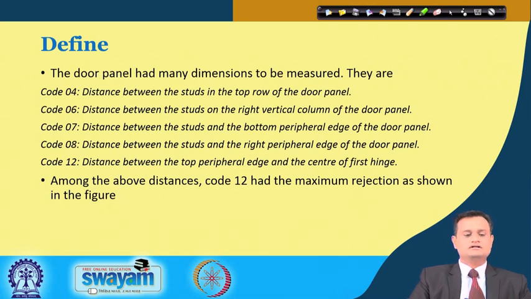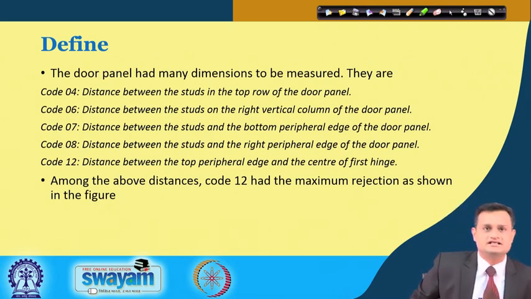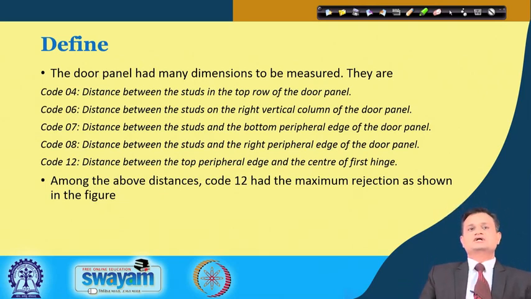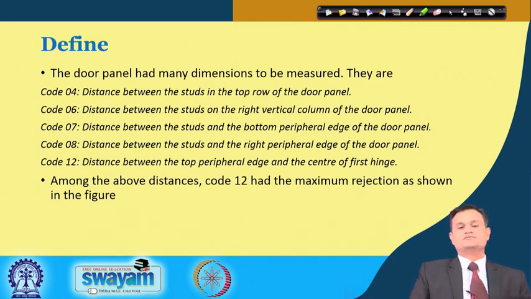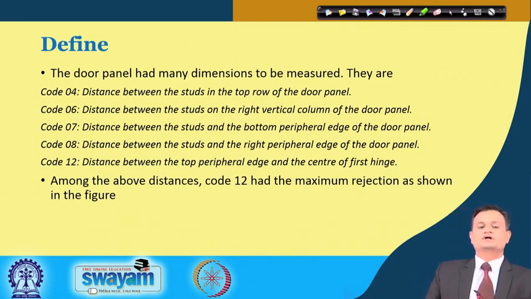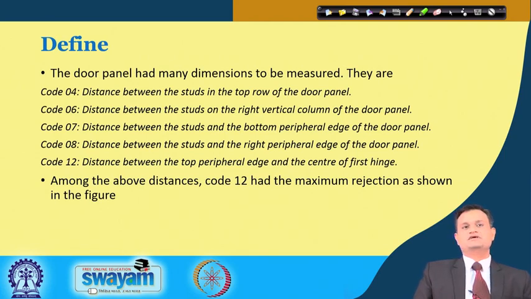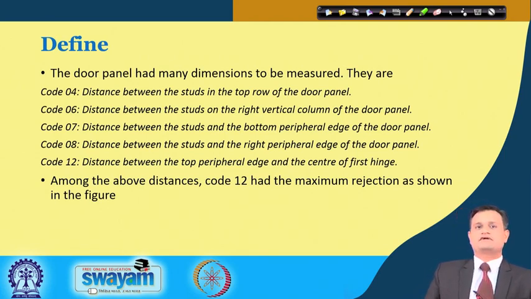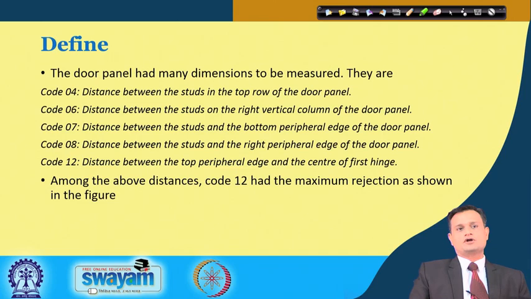So you have code 04 for the distance between the studs in the top row of the door panel. Code 06 is the distance between the studs on the right vertical column of the door panel. Code 7 is the distance between the studs and the bottom peripheral edge of the door panel.